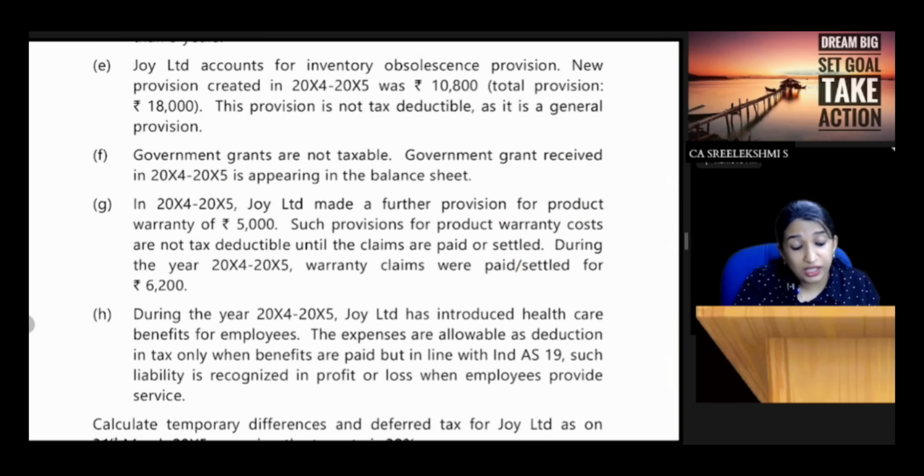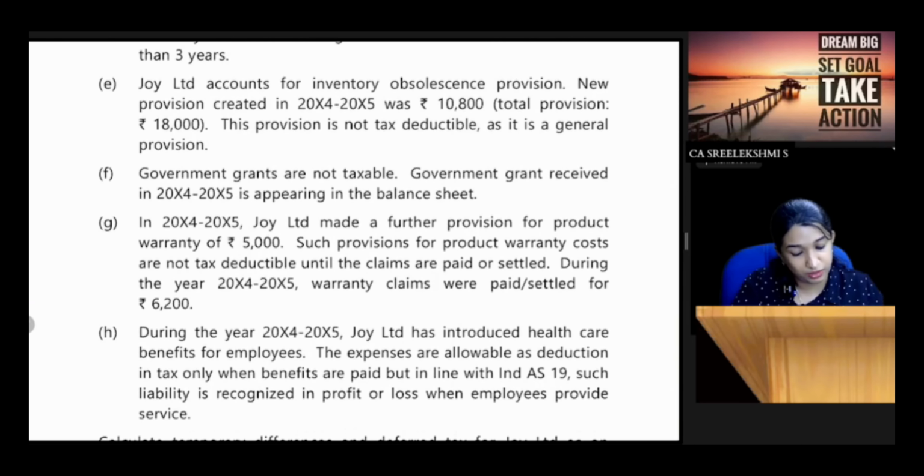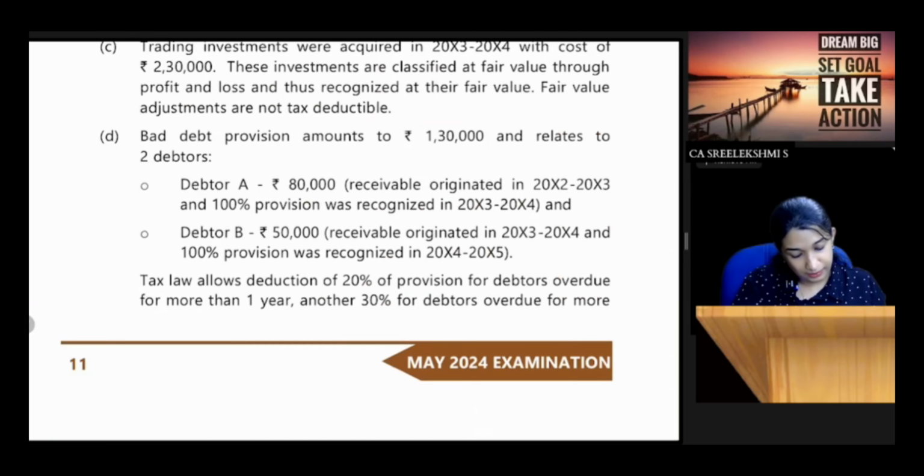Then Joy Limited accounts for inventory obsolescence provision. New provision created in 14/15 was 10,800. Inventory obsolescence provision, NRV. So total provision is 18,000. This provision is not tax deductible as it is a general provision. Inventory.